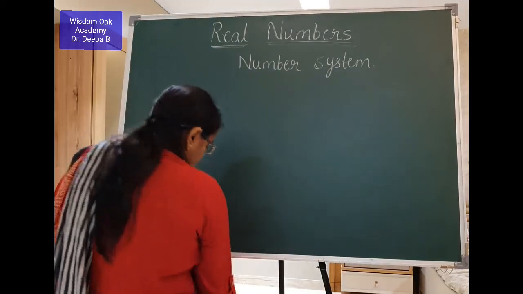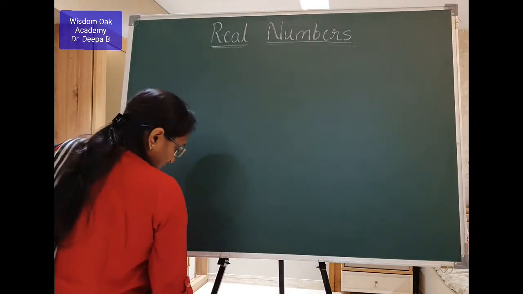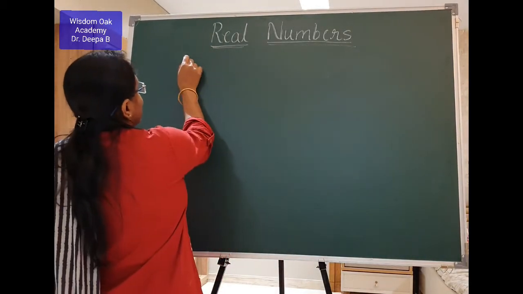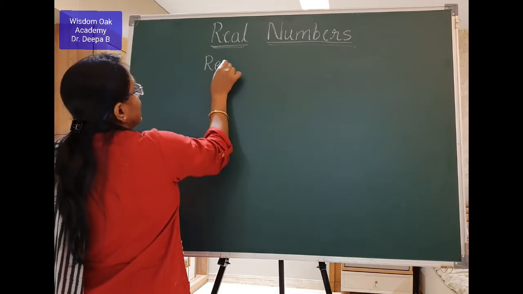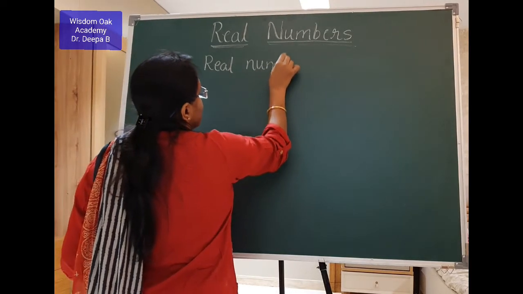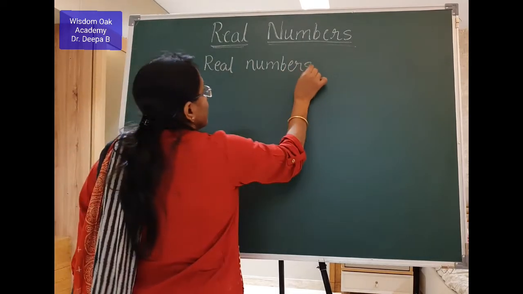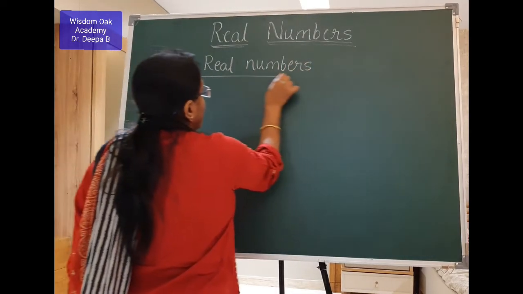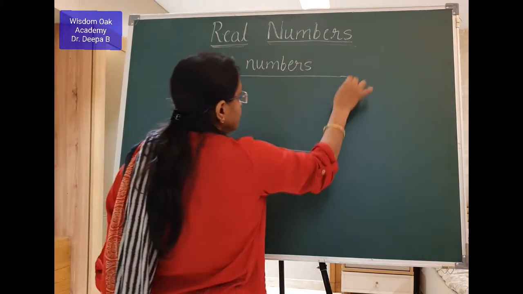So real numbers, it is one family. It is a family of numbers. So let us take one simple example to understand this number system. So real numbers, let us consider one house is there. Its name is real numbers. Okay, this is one house or one family.